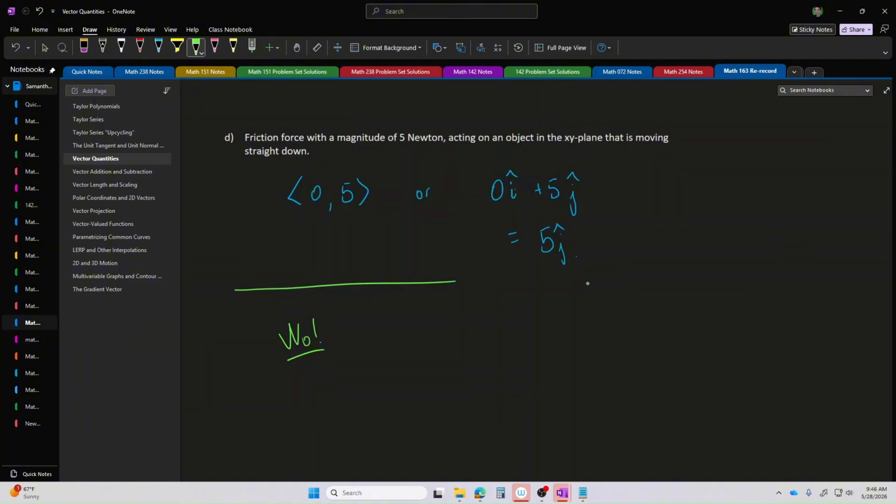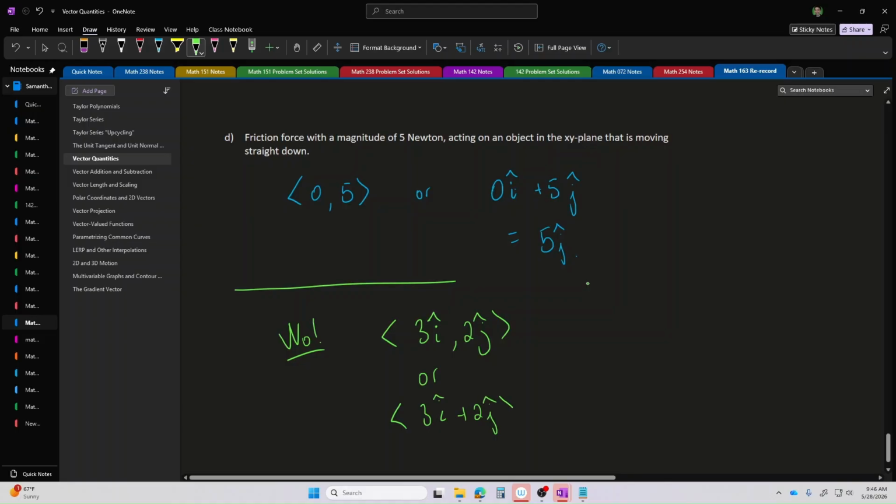So you're not, for example, allowed to write something like 3i hat, comma, 2j hat. The angle bracket notation is exclusive and is not to be used with i and j. Another thing that I see from students that is incorrect notation is something like angle bracket 3i hat plus 2j hat. This is not a thing. This is a syntax error. This is incorrectly expressed. So you don't want to be using these two different notations at the same time.